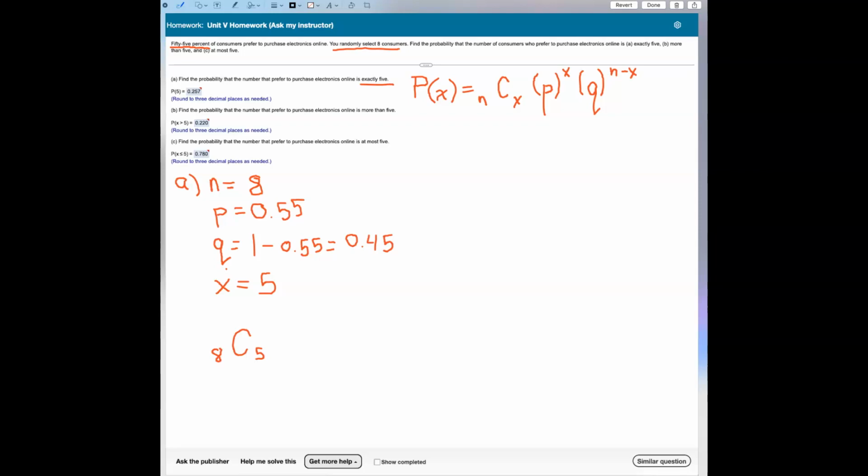P is 0.55, all to the X power, which is 5.